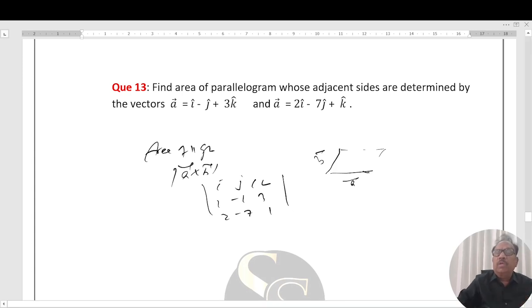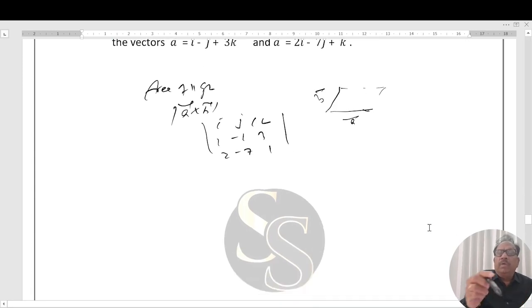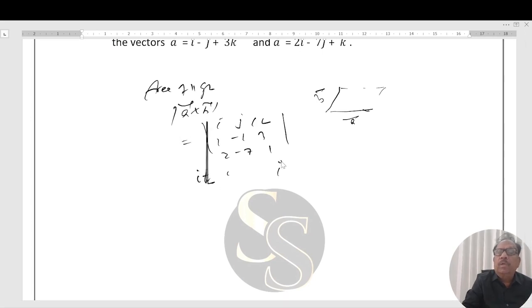On simplification, we get i times (minus 1 into 1 minus minus 7 into 3), that is minus 1 plus 21.